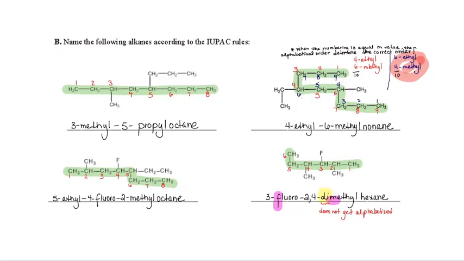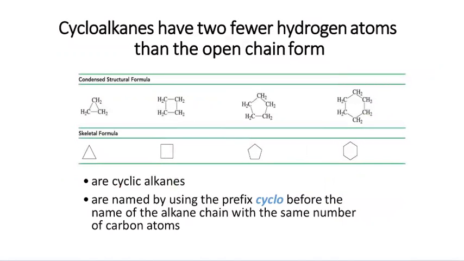So today we are going to start talking about what if we have alkanes that are cyclic. Cycloalkanes are going to be structures that have 2 fewer hydrogen atoms compared to the open chain alkanes. What that means is that cycloalkanes have the general formula of CnH2n, okay?